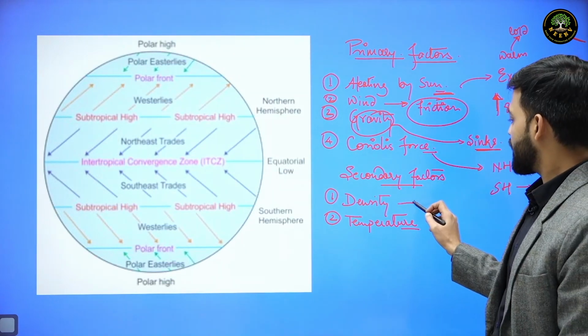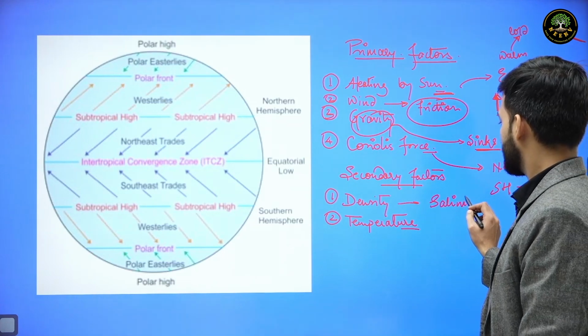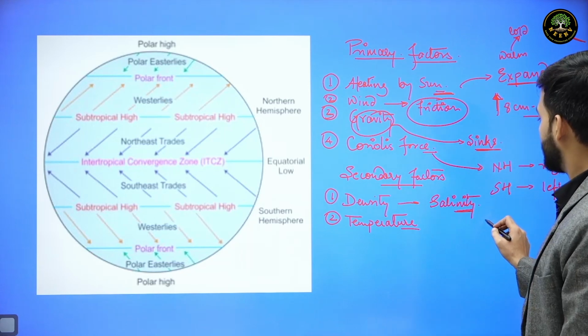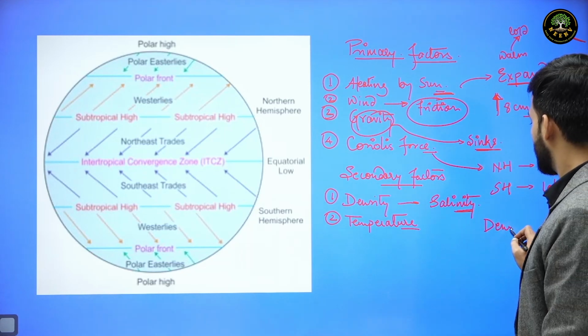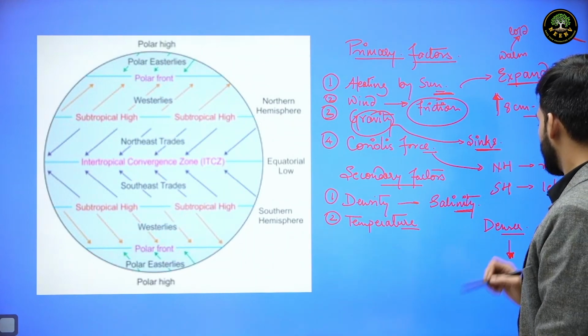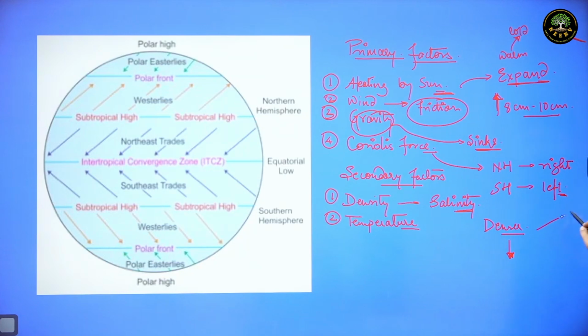Now these factors like density are associated with salinity. More saline water will have more density, and the denser water will sink, and this leads to again creation of slope, and because of this slope there will be movement of water.